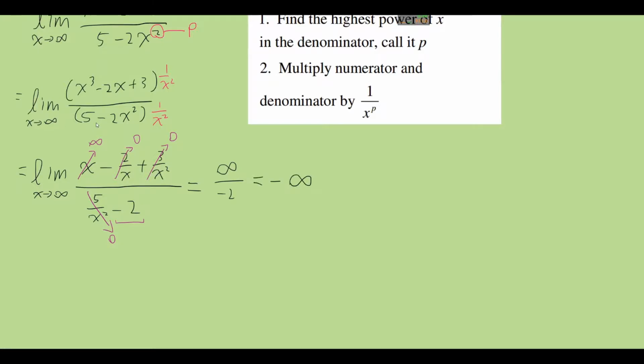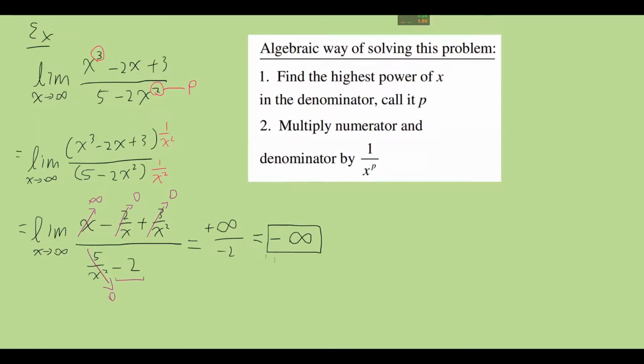Be very careful. The numerator was a positive infinity over a negative number, which results in negative infinity. And the reason is because now the degree of the numerator is greater than the degree of the denominator, meaning the numerator is going to grow faster than the denominator, which means the function is going to go up to infinity or down to negative infinity.